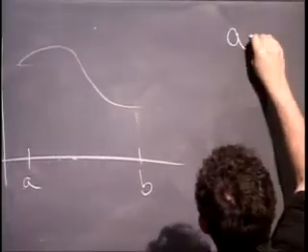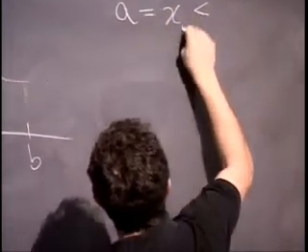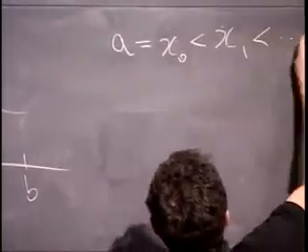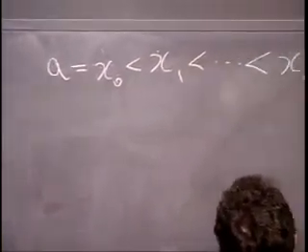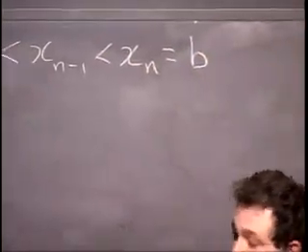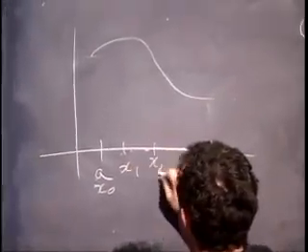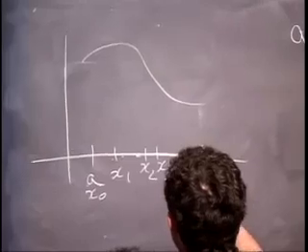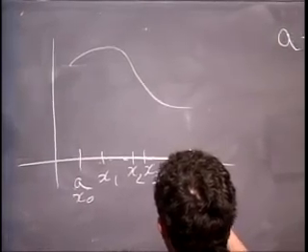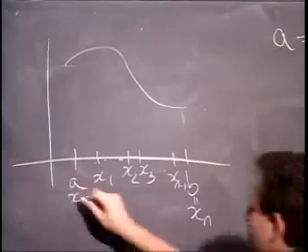So I'll take a partition x0, which looks exactly the same as it did before. I'm just letting this be x0, and then x1, x2, x3, and so on up to xn minus 1 and b, which is the same as xn.